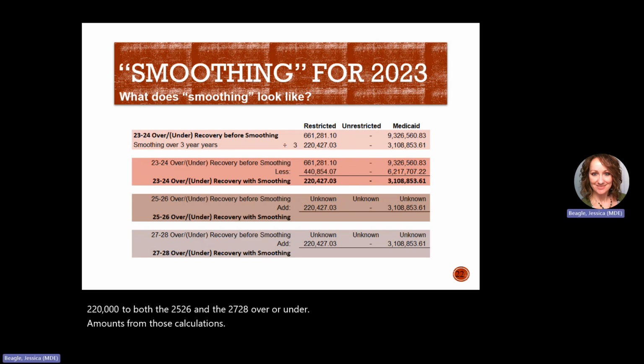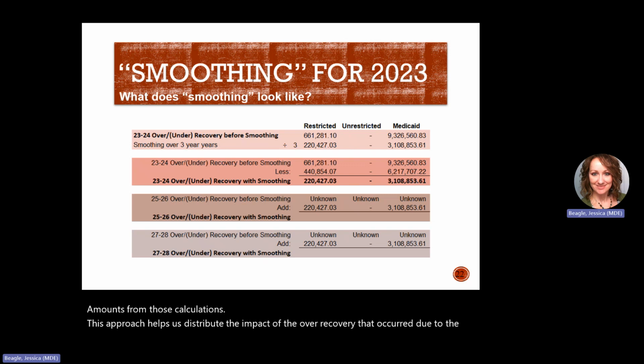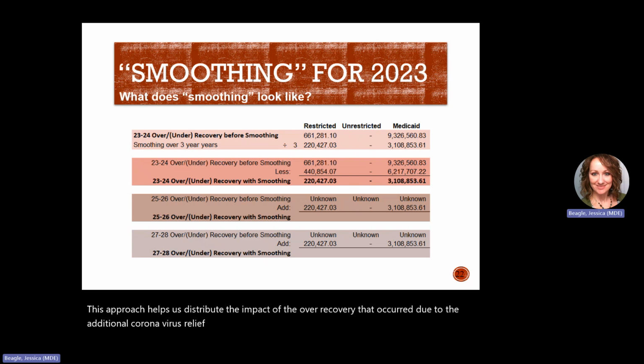This approach helps us distribute the impact of the over recovery that occurred due to the additional coronavirus relief funds more evenly across multiple cycles.